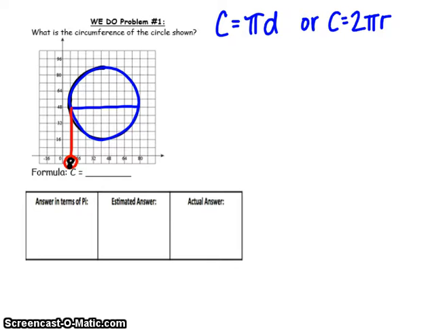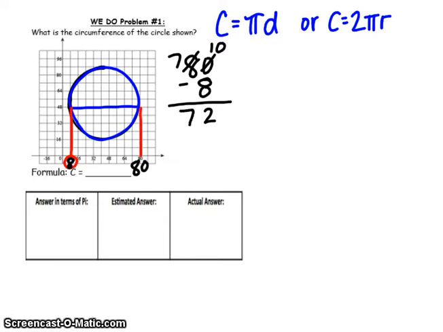But I also need to find out what this side over here is. Well, that side's 80. So I need to find the difference between these two numbers. I'm going to take 80 minus 8, and I get 72. So what I know right now is that my diameter is 72.